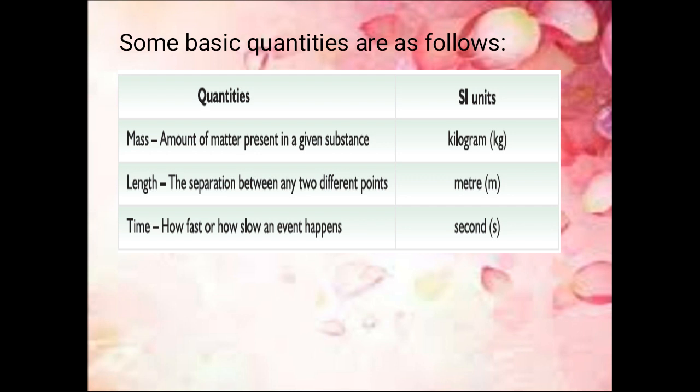Some of the basic units are mass, length, and time. Mass is represented in kilogram, length in meter, and time in seconds. These three are the basic SI units. From these three basic units, the remaining units can be derived.